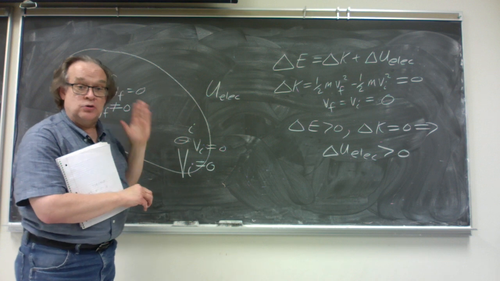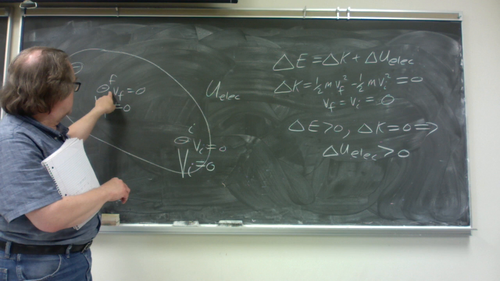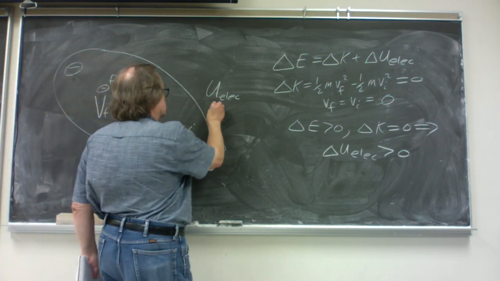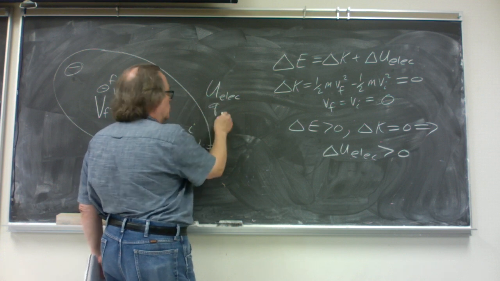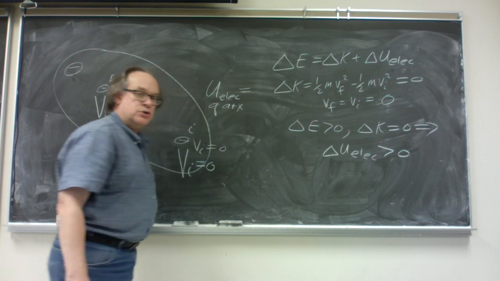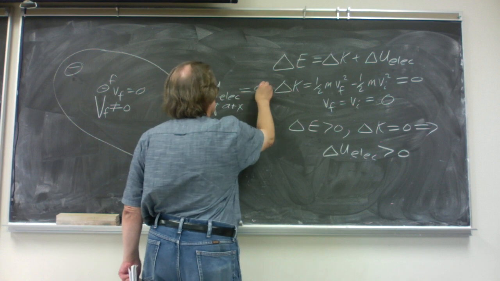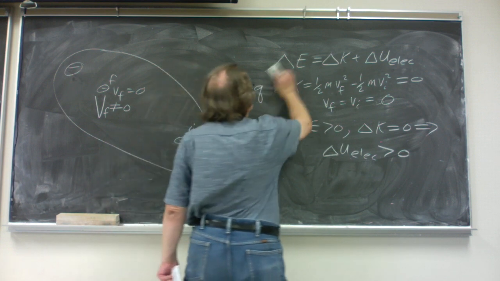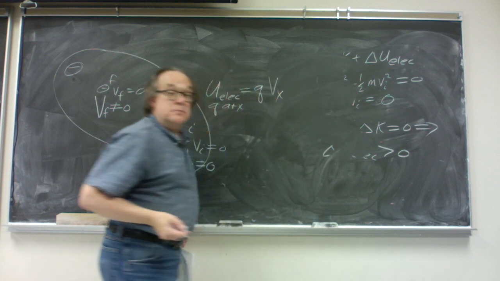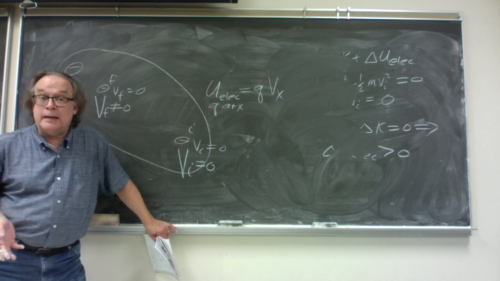The electrical potential energy that you get by putting some charge at some location, we'll call it X. So a charge that we'll call Q, you put it at a location called X. That's just going to be equal to that charge times the electric potential at X, the value of the electric potential at that location.